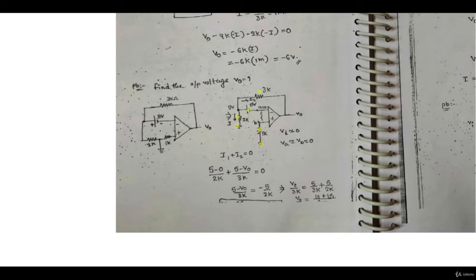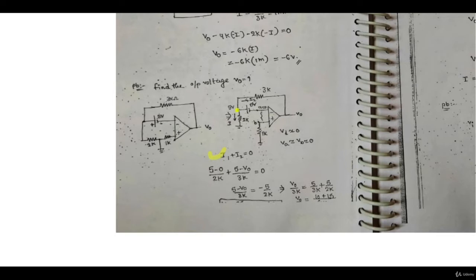The op amp will not draw any current because it is an ideal op amp. B node is connected to 0 volt. Virtual ground, A will also be close to 0. I hope everything is clear. Then you can write the current equation, KCL: I1 plus I2 is equal to 0 at this node.